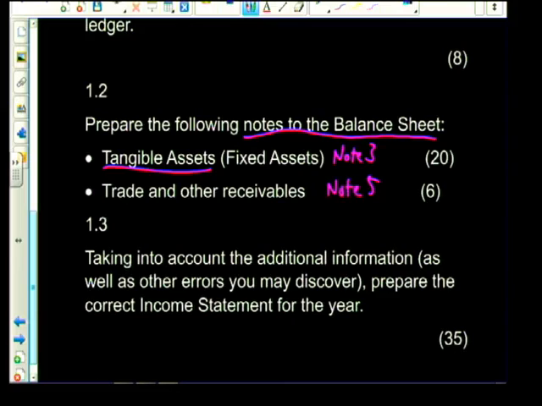And then the third part of the question is going to ask us to prepare the correct income statement for the year. So it's a whole long question out of quite a number of marks. We need to do all of these things, and we need to take the step-by-step adjustments and record them where they are supposed to go. So let's have a look at the information and see what we're required to do.